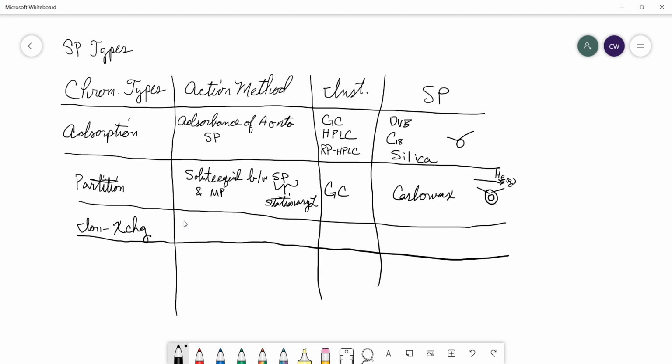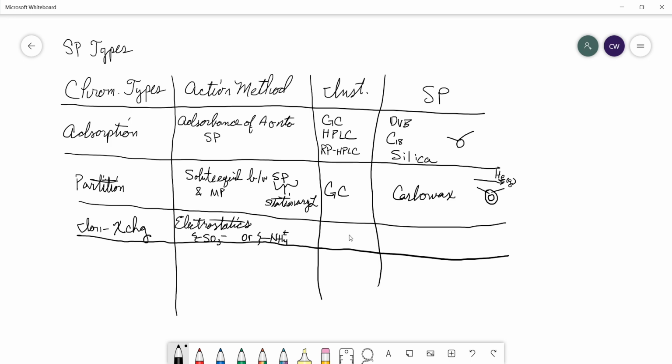These are based off of ionic or electrostatic interactions, and we use stationary phases that are highly charged anion or cation functional resins.